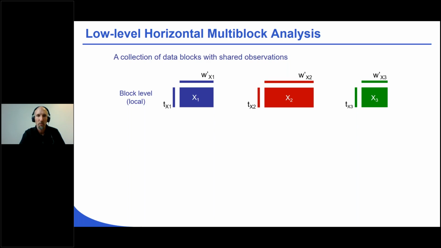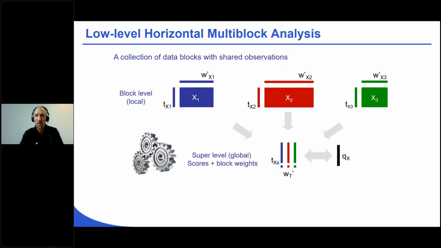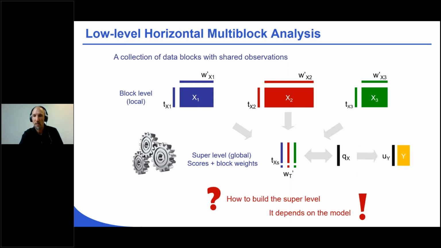But then the multi-block model will try to find a kind of consensus space that relies on a given mathematical criterion to find a common direction in the space of the different matrices, to offer an overall picture of all the trends in the data. And if you have a response to predict, for example to discriminate your groups, you can also add this information to drive the way these components are built.